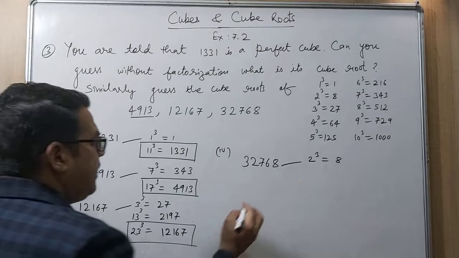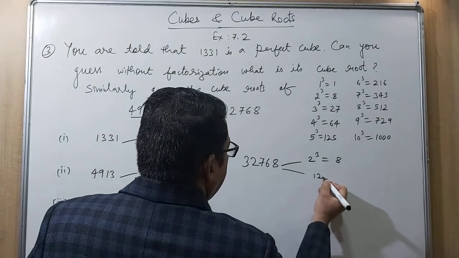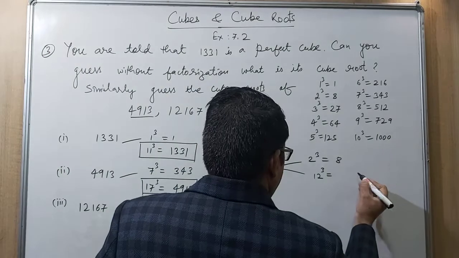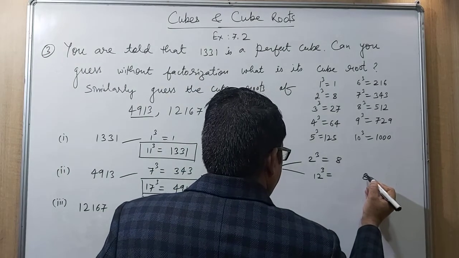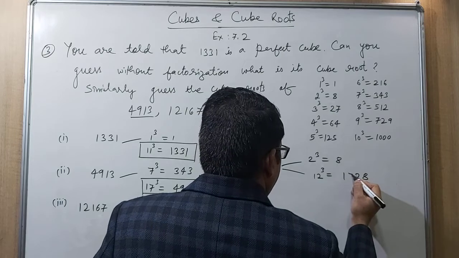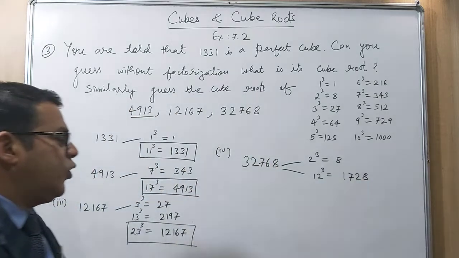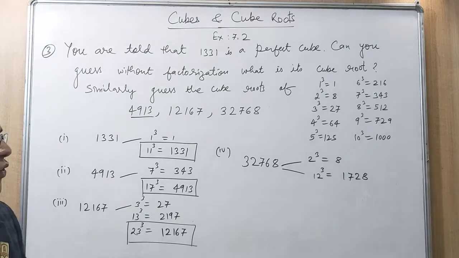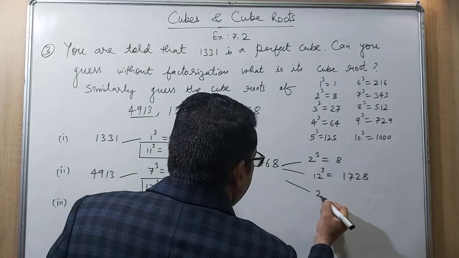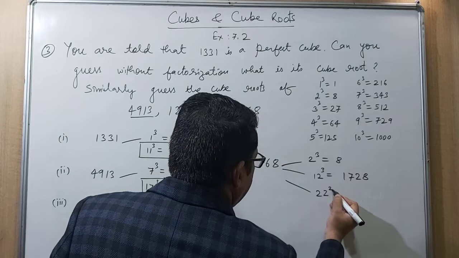Now then cube of 12 you can check. Cube of 12 is 1728. It is also short. Then cube of 22, now we can check.